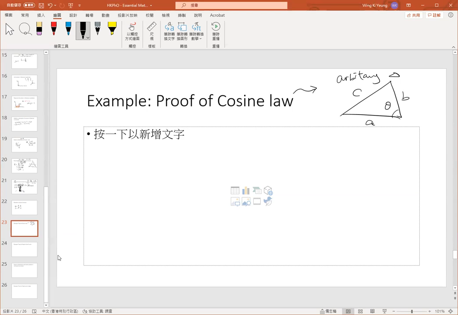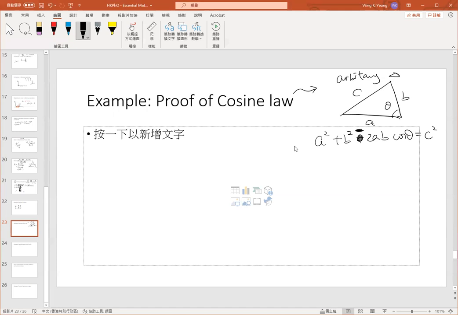So A squared plus B squared plus 2AB cosine theta equals C squared, right? Sorry, let me think about it. Here is a minus sign. Isn't it minus? Yeah, here is a minus sign. So this is the cosine law.